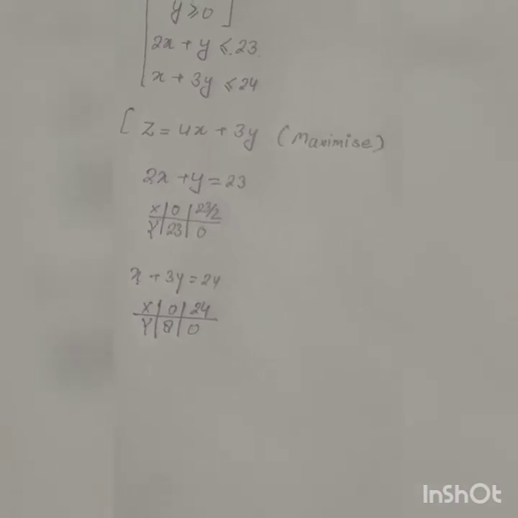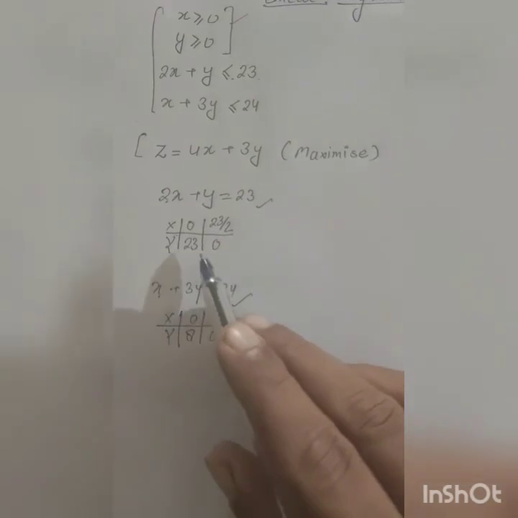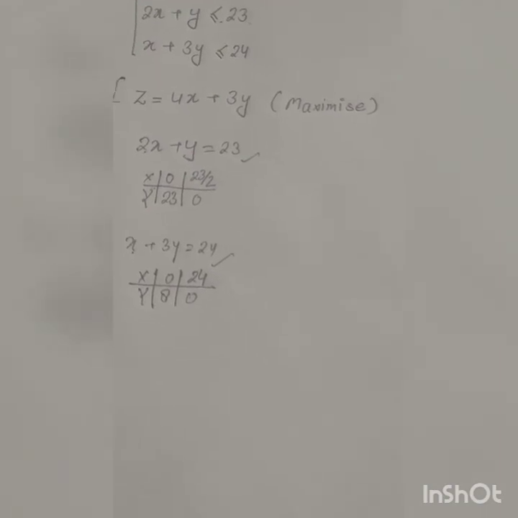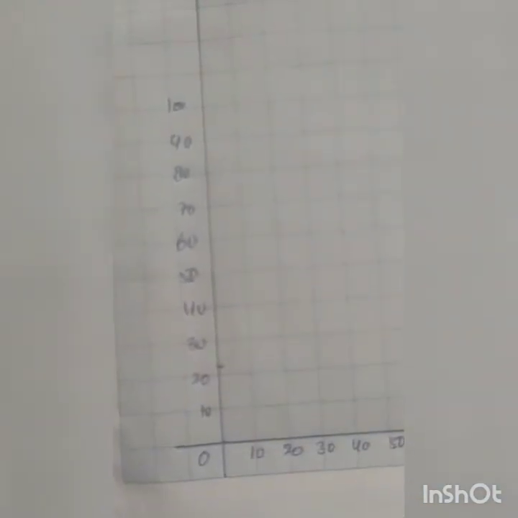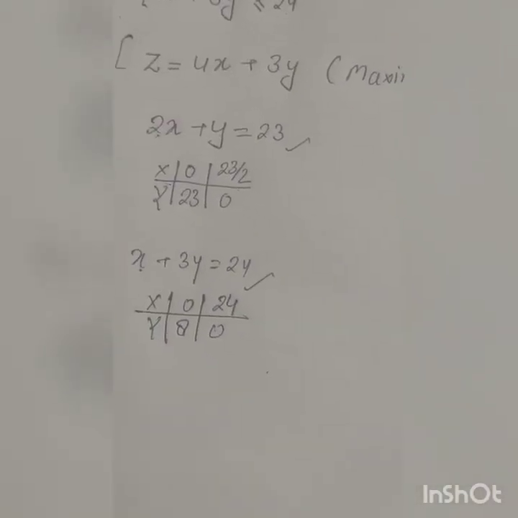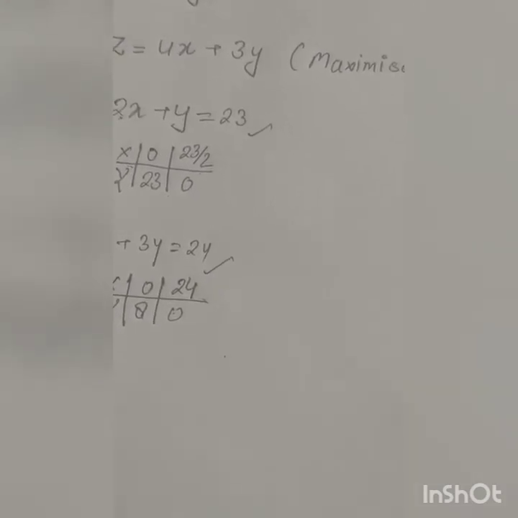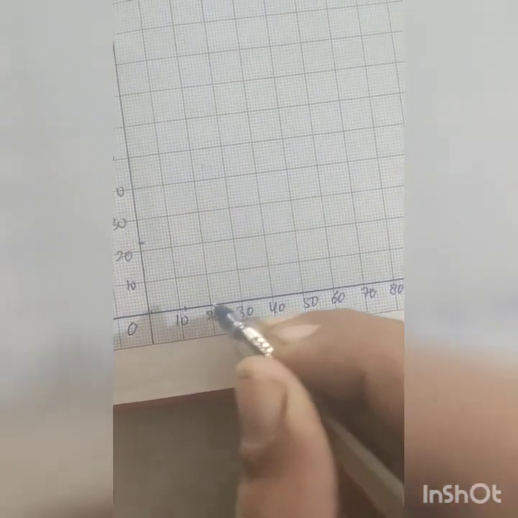Let us make the graph for these two situations. First, when x is 0, y will be 23, and when y is 0, x will be 23 by 2, that is 11.5, somewhere here.